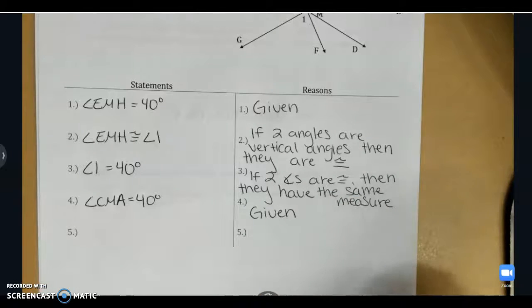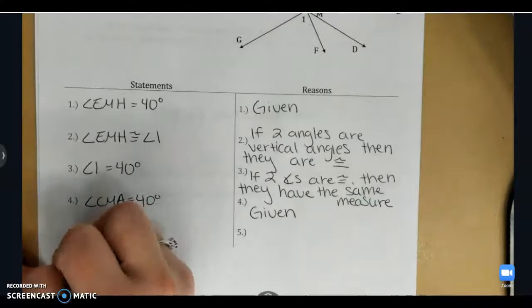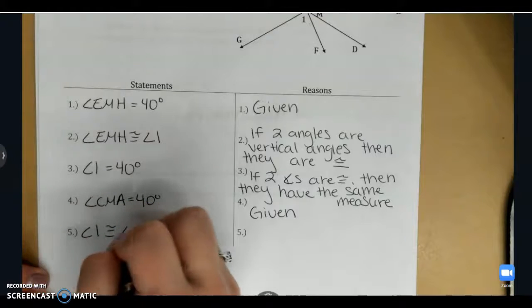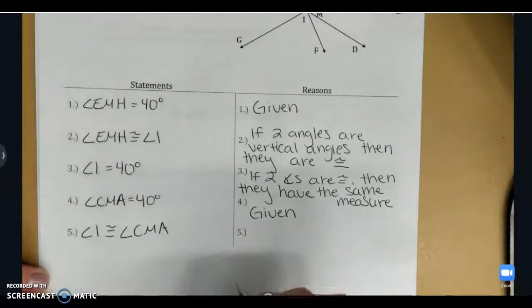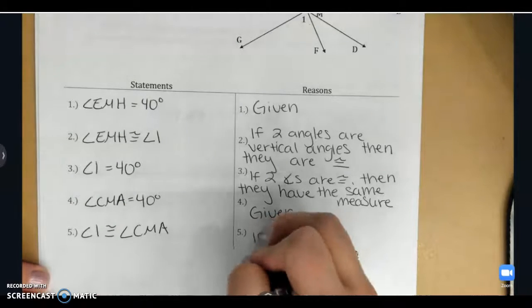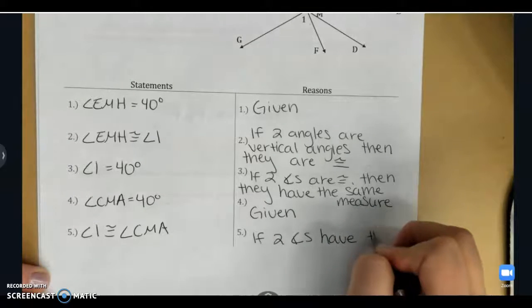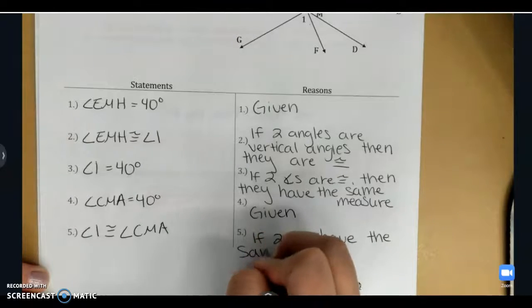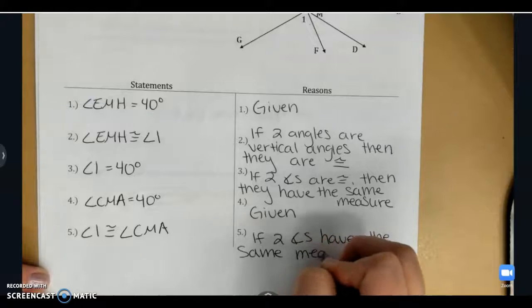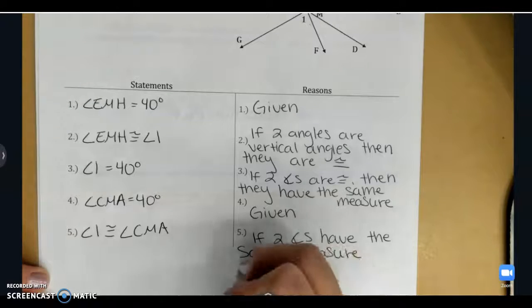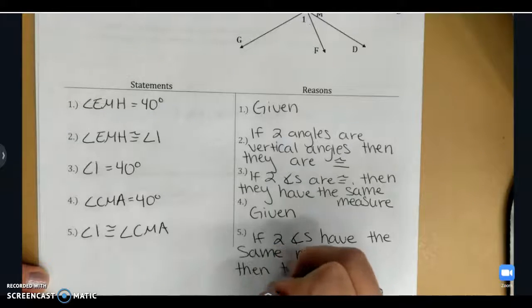So at this point, I've established that angle 1 is 40 degrees and angle CMA is 40 degrees. So I'm ready to conclude that they are congruent angles because if two angles have the same measure, then they are congruent.